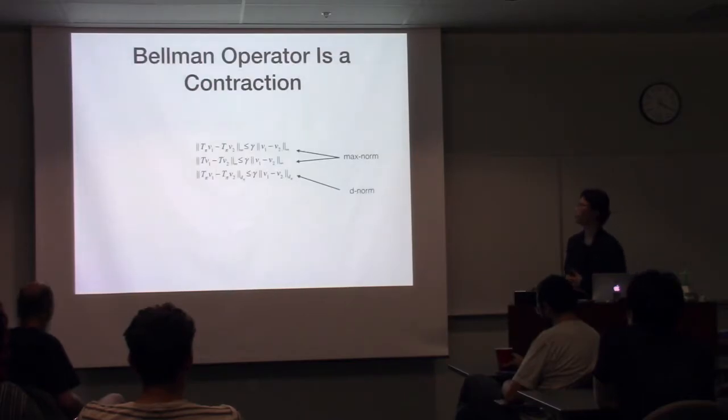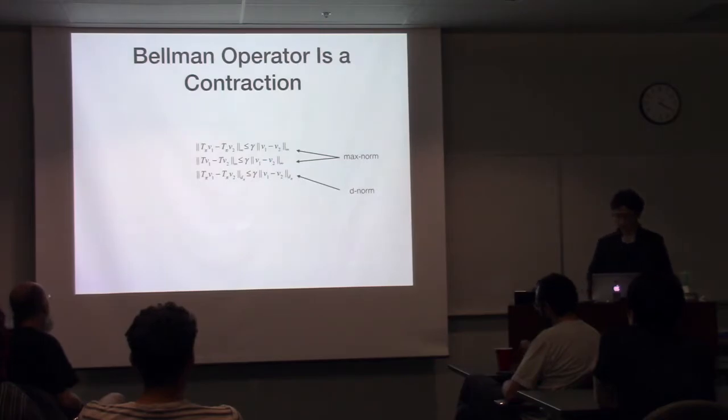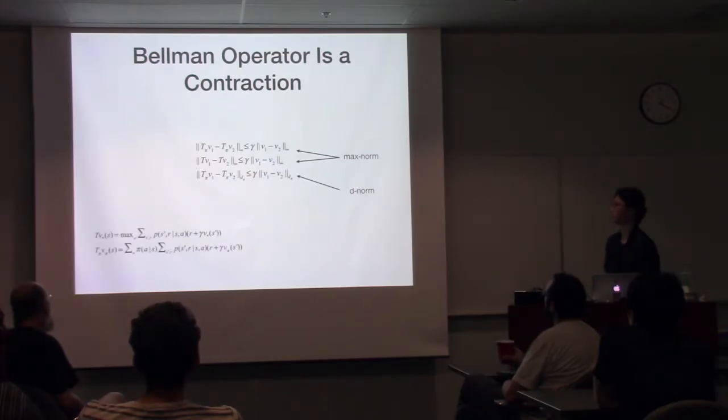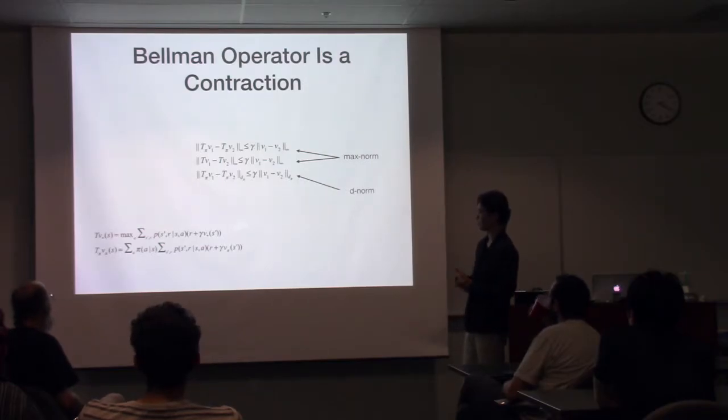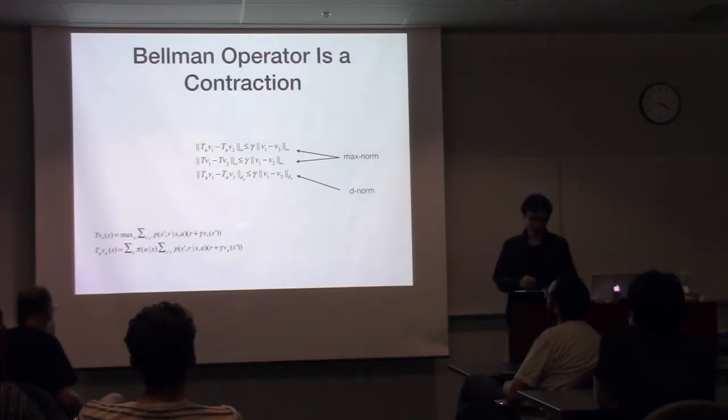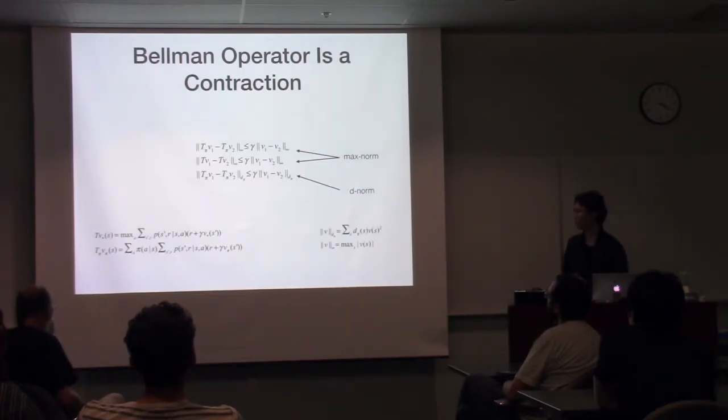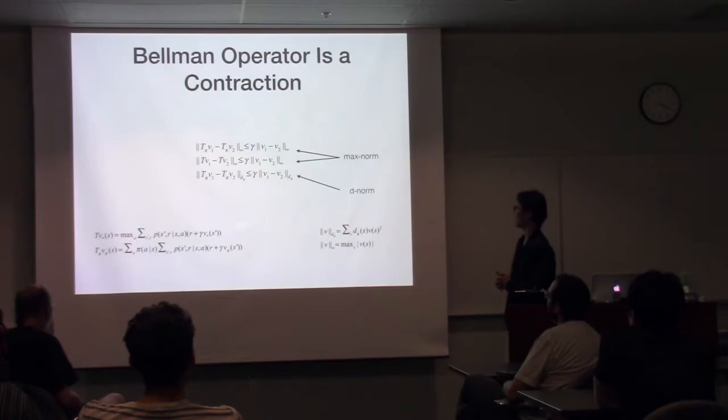Just to remind you, the Bellman operator is a contraction mapping. What is the Bellman operator? There are two kinds: one is the Bellman optimality operator, and the other is the Bellman operator for policy pi. When we talk about contraction mapping, there are two different kinds of norms. Norms are basically the distance in vector space.